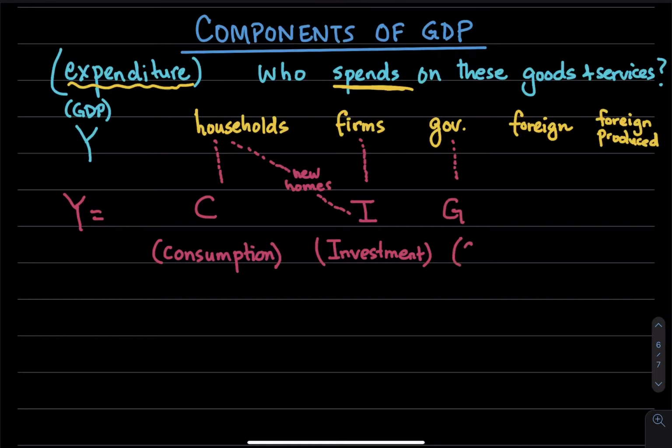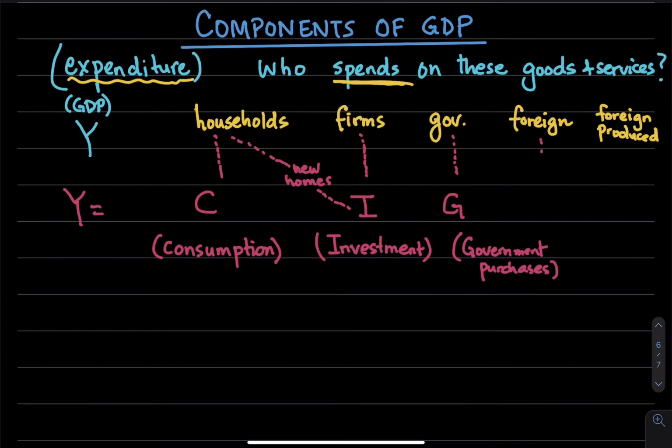So this is government purchases of goods and services. And then you have foreigners who are buying our goods and services, and so that is called exports. Those are exports.